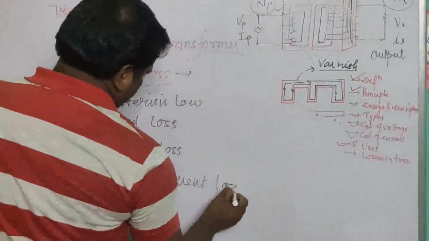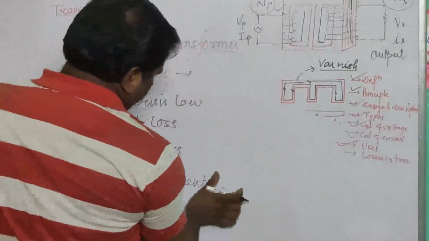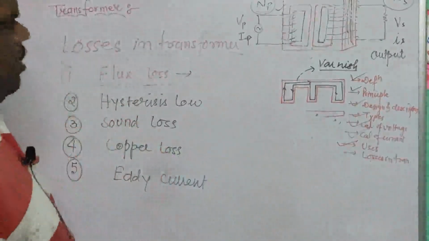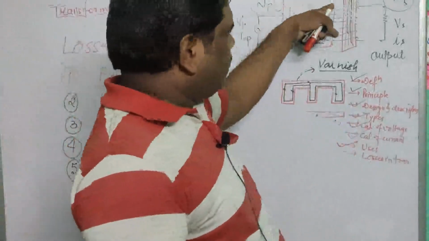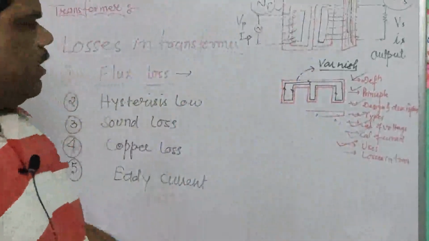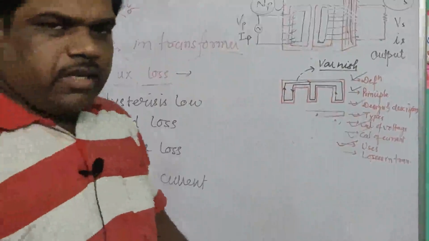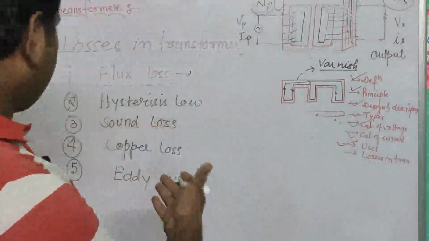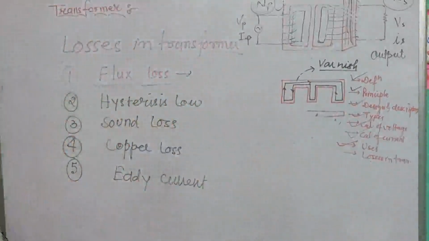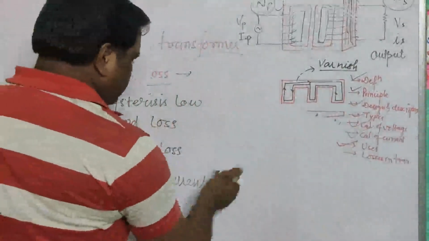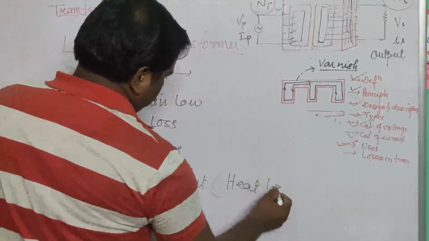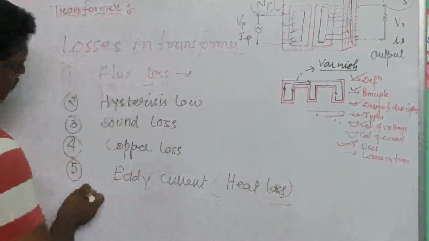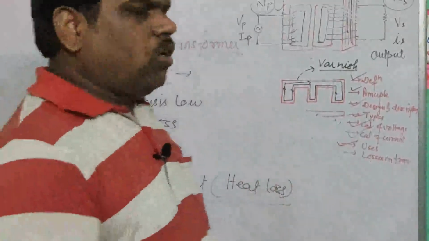It is also a kind of loss. Eddy current is produced during flux linkage with the secondary coil. Because of eddy current, heat is produced, and that is a kind of heat loss. So this is all about losses in a transformer.